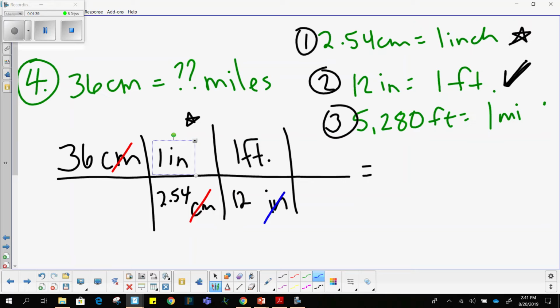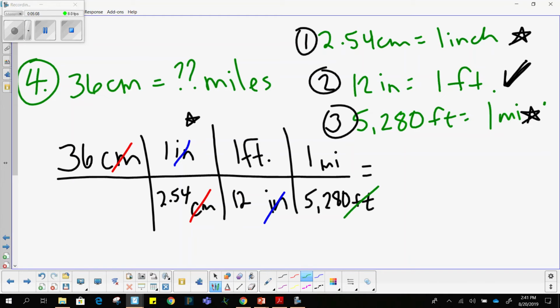Notice that I am showing my units because again, we are trying to show these dimensions or units are canceling. So now the inches have gone away. The last one that's remaining is the third conversion factor. Feet is on the top, so we want to have 5,280 feet for every 1 mile. And the last one we're showing canceling out is the feet.